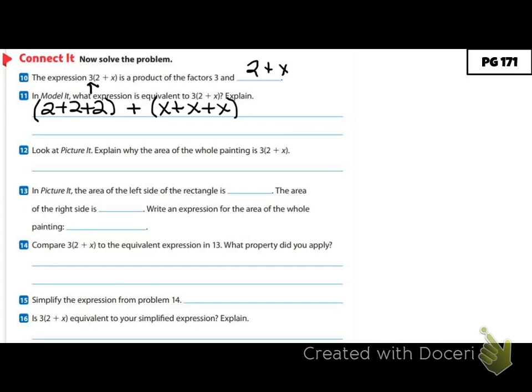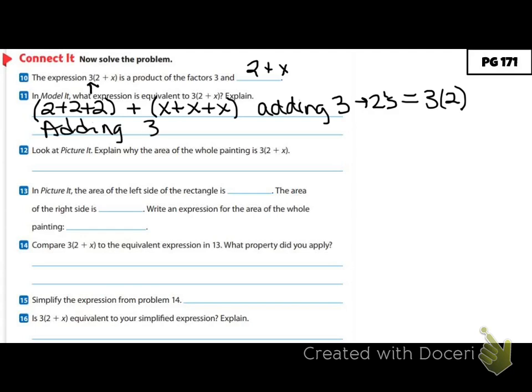So adding 3 2's is the same thing as 3 times 2. Adding 3 x's is the same as 3 times x. 12, look at the picture.